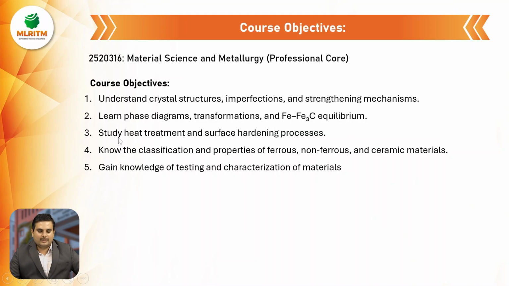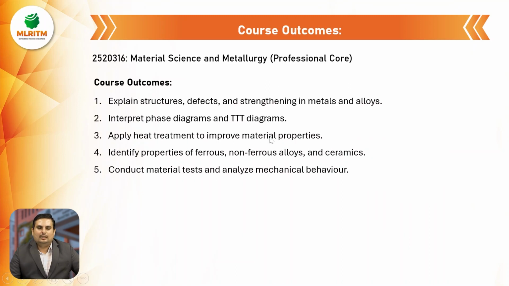The third course objective is to study heat treatment and surface hardening processes. Next, know the classification and properties of ferrous, non-ferrous, and ceramic materials. And finally, the fifth course objective is to gain knowledge of testing and characterization of the material.